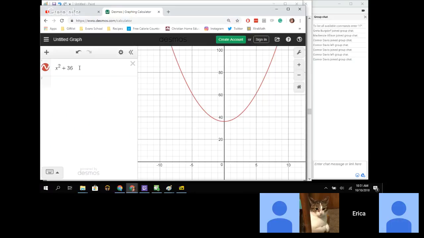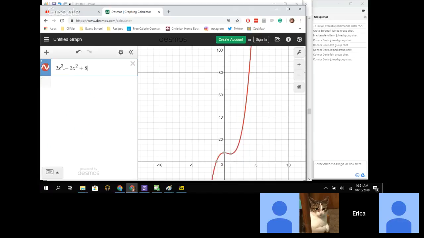So if I go to graph this, I have 2x to the third minus 3x squared plus 8x minus 12, right?